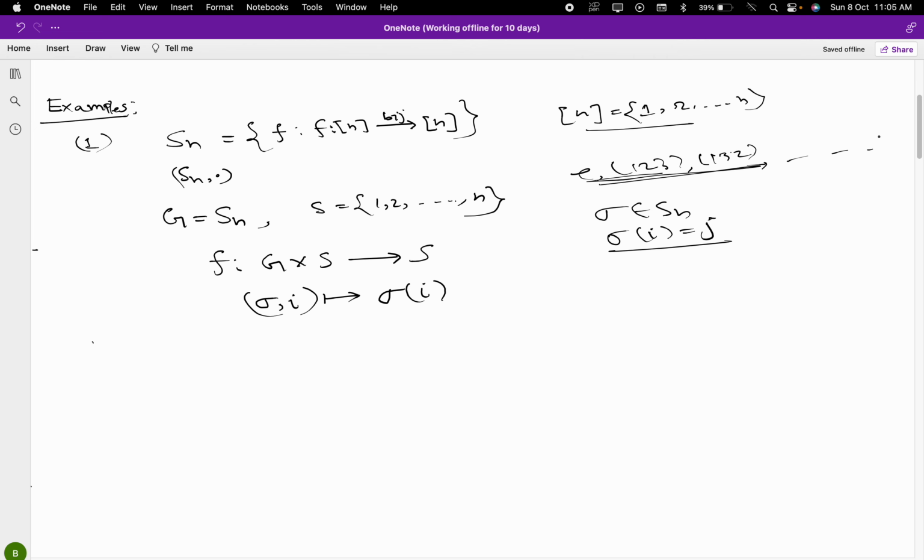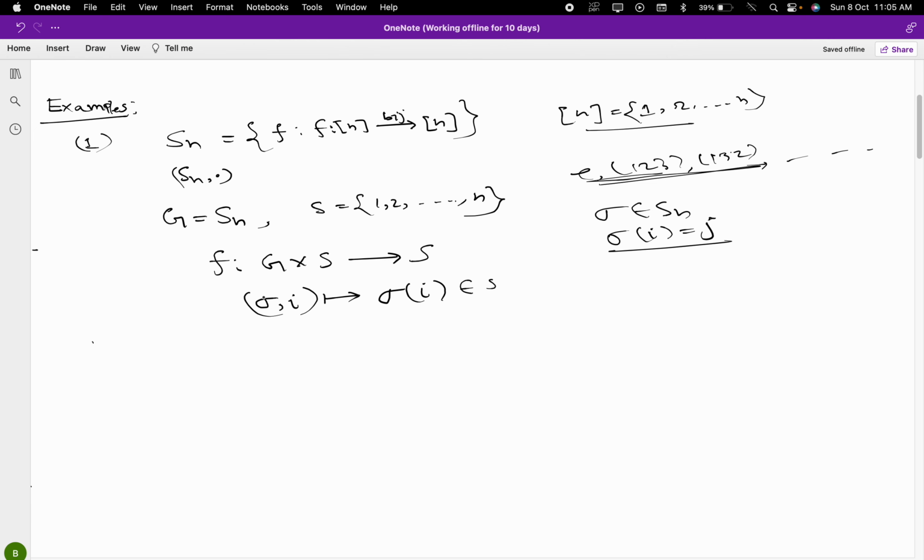So I am simply defining the pair sigma, i to go to sigma of i. This is definitely a member of S, because sigma of any element i goes to some j, and j is also an element of S. So this is a well defined map.